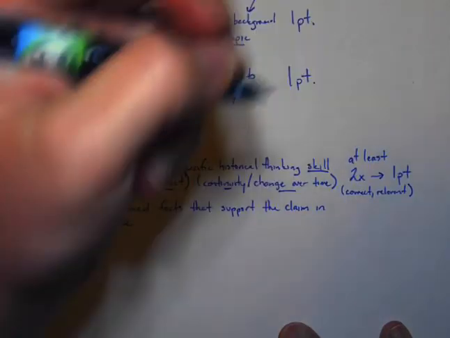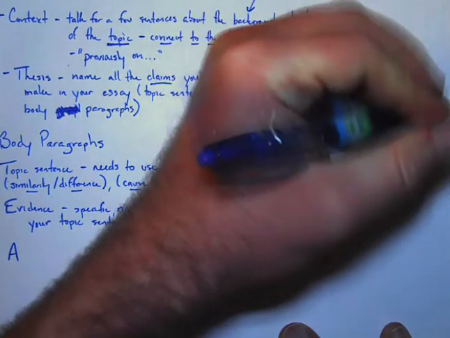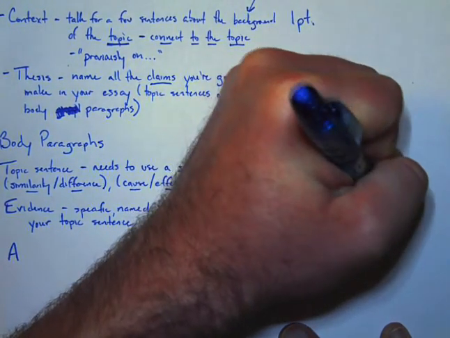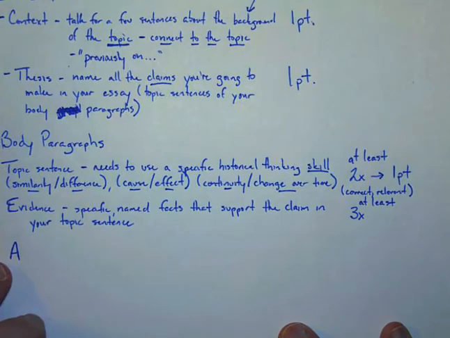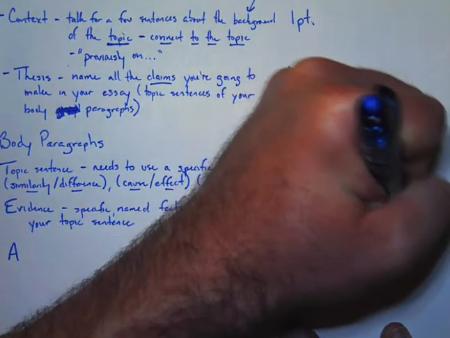You're going to want to do this. You're going to want to name at least 3 pieces of evidence. That will give you 1 point.